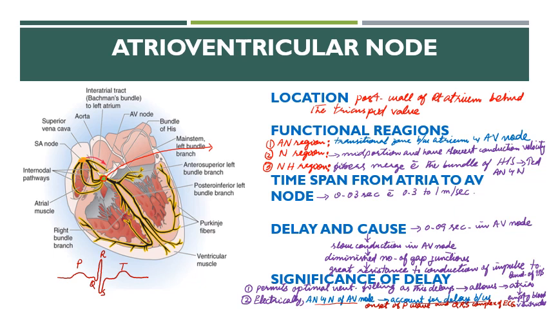So, this is the delay about which we are talking. The P wave represents excitation of atria as the impulse spreads from SA node to the atrial muscle.